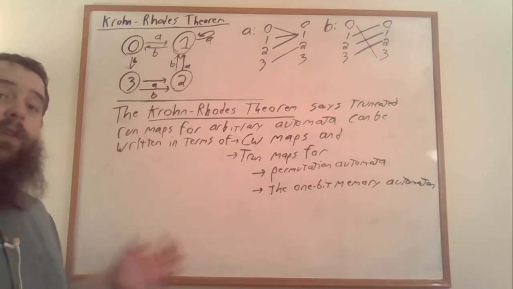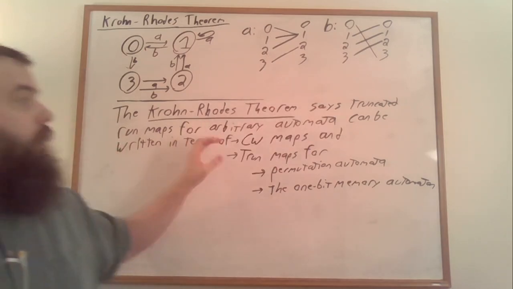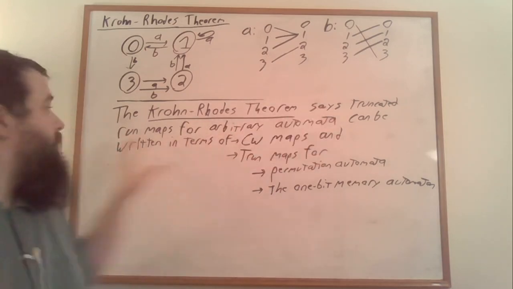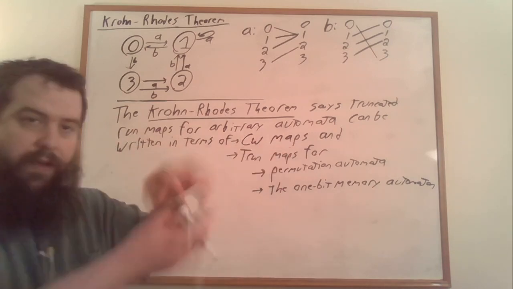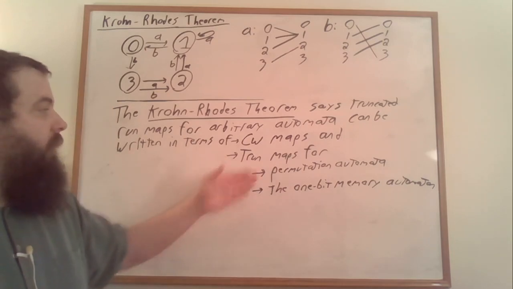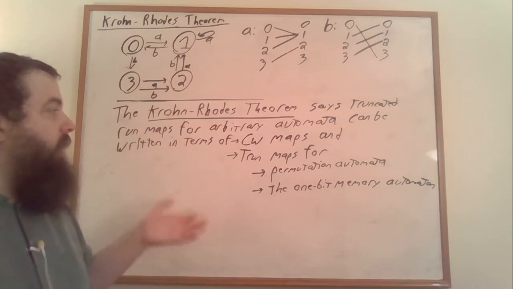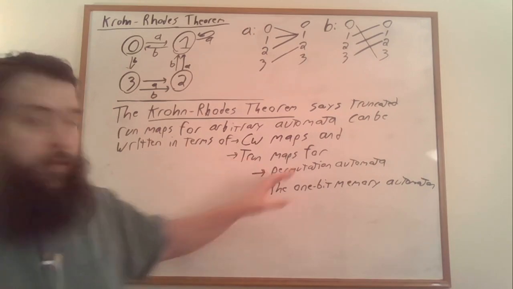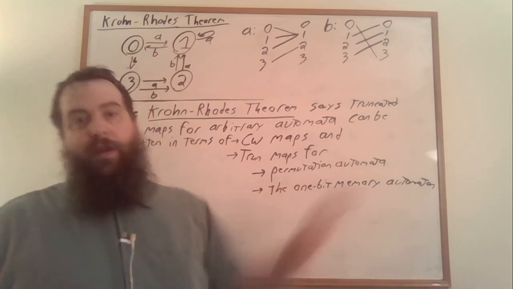So the Krohn-Rhodes theorem says this: truncated run maps for arbitrary automata can be written in terms of character-wise maps, so that we can kind of glue all of these pieces together, and then truncated run, I'm just going to abbreviate this as trun maps, truncated run maps for permutation automata and the 1-bit memory automaton.